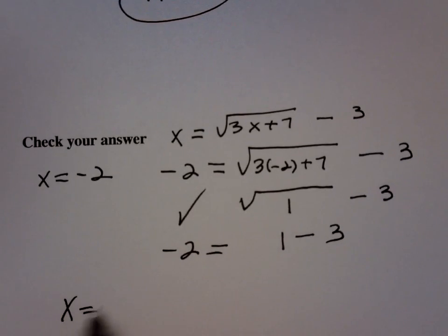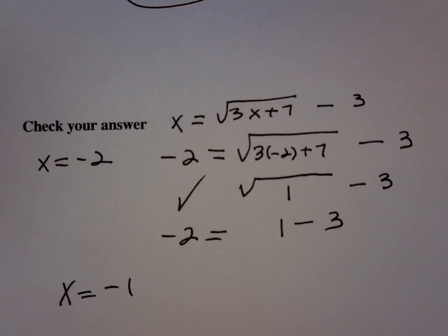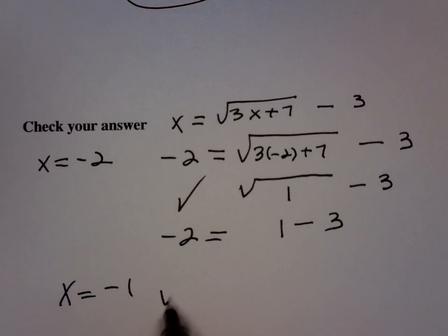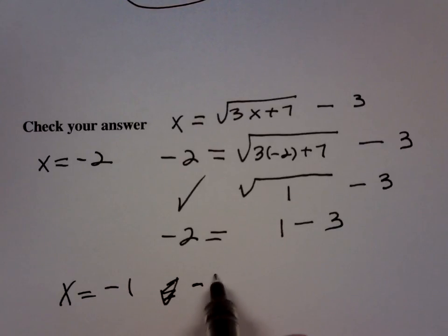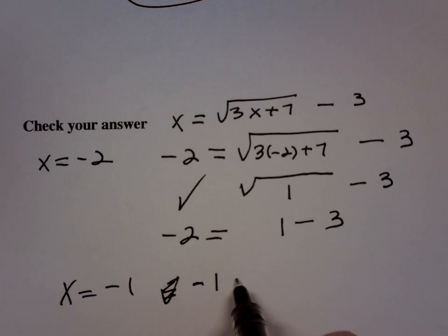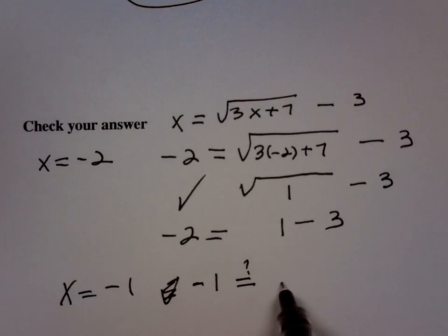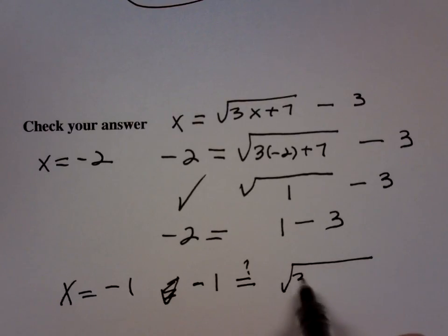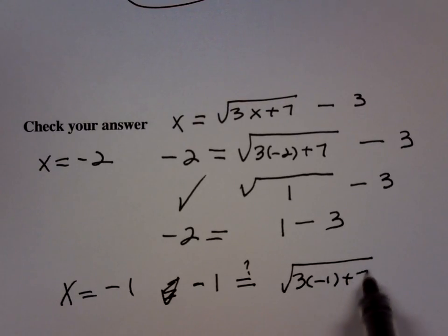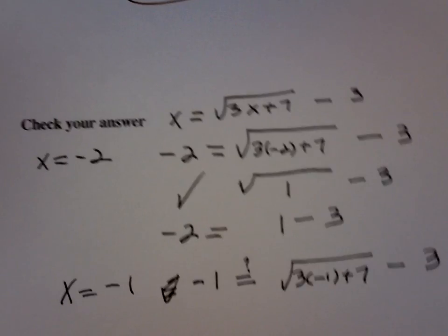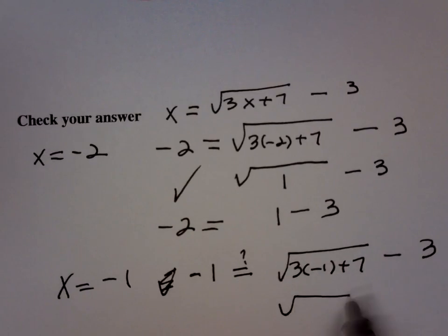So if x equals negative 1, is it true that negative 1 equals the square root of 3 times negative 1 plus 7, subtract 3, which is the square root of negative 3 plus 7, which is 4, subtract 3.